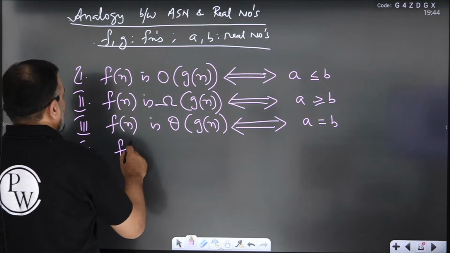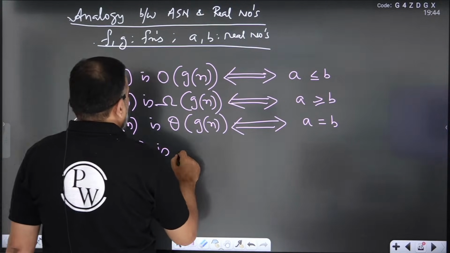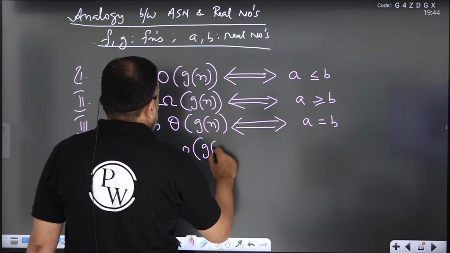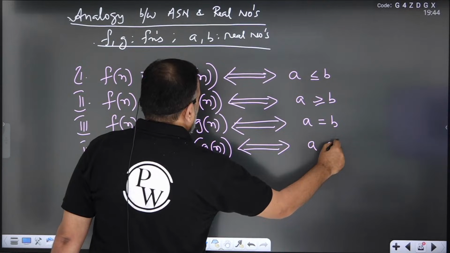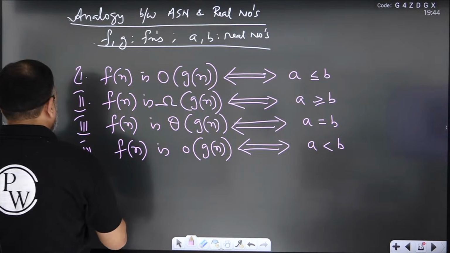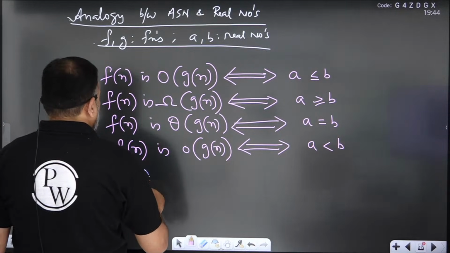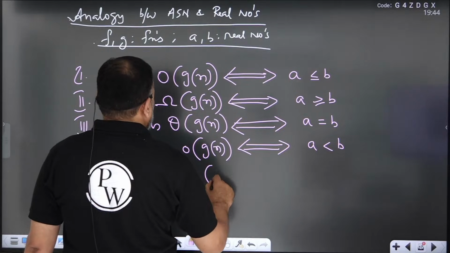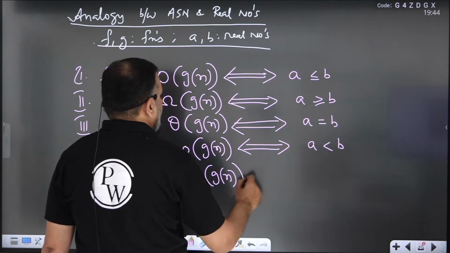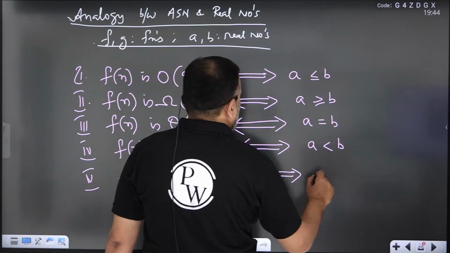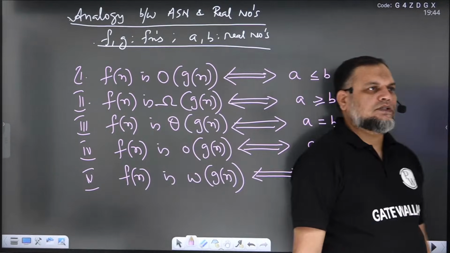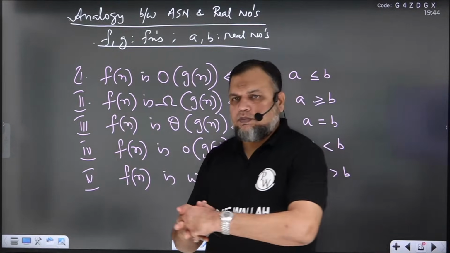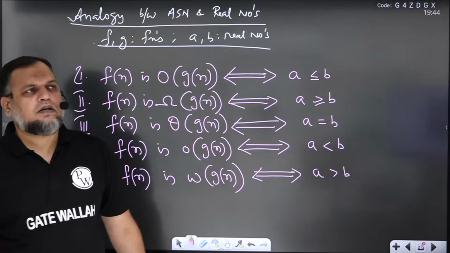When I say f of n is small o of g of n, a is strictly less than b. And f of n is small omega of g of n means a is greater than b. These are the properties, the analogous relation between the asymptotic notations and real numbers.